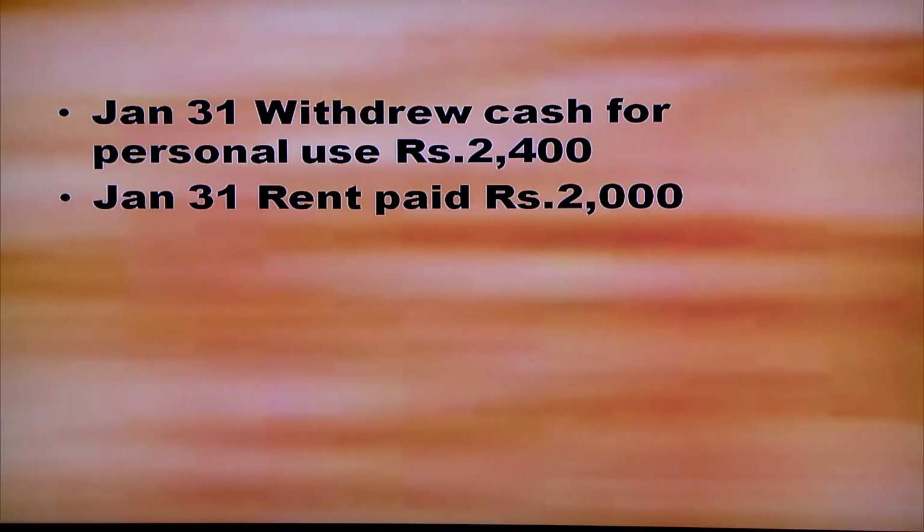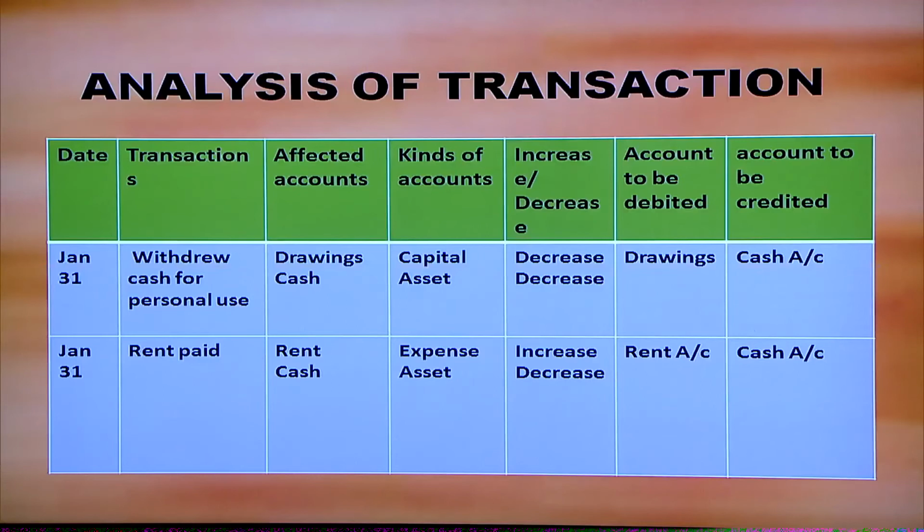Withdrew cash for personal use. This transaction is on January 31st. One more transaction on this date: rent paid. Withdrew cash for personal use. Affected accounts are drawings account and cash account. Money is withdrawn from the capital. So, drawings can be included under capital account. Capital is decreasing.